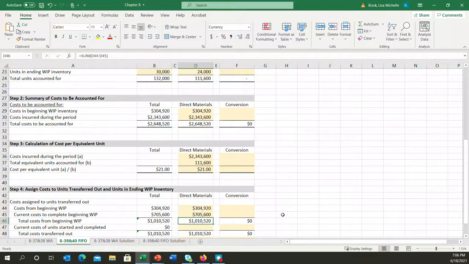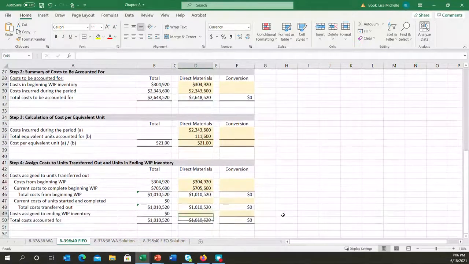So for my beginning inventory, both a combination of cost that was already there and cost to complete those beginning units that were ultimately finished, I have a total cost for beginning inventory that's transferred out of $1,010,520.